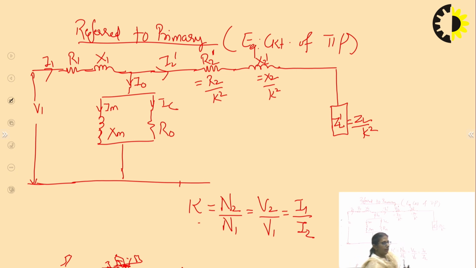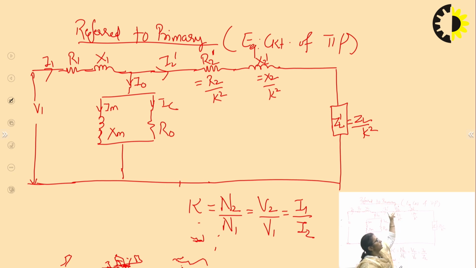Likewise, the load impedance referred to the primary side is divided by K square. Then the secondary current I2 has also changed to I2 dash, but by how much? We already know this relation: the current taken by the transformer, I2 dash, is equal to minus K times I2 in phasor.